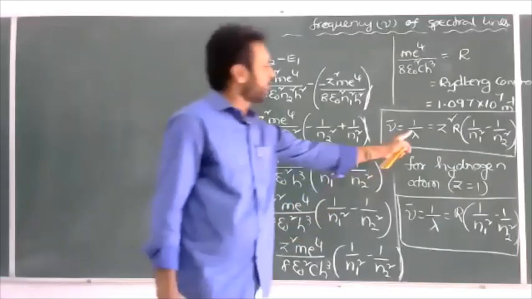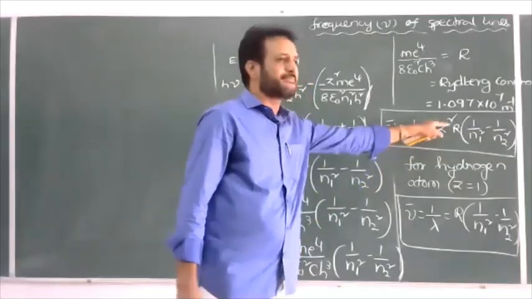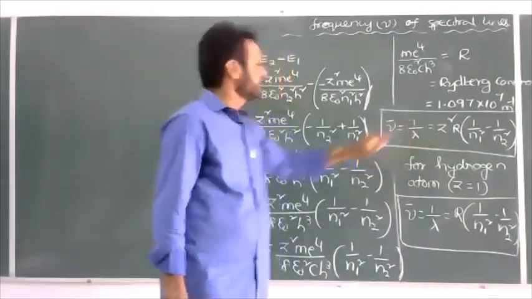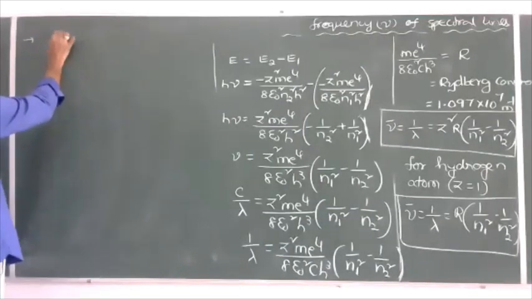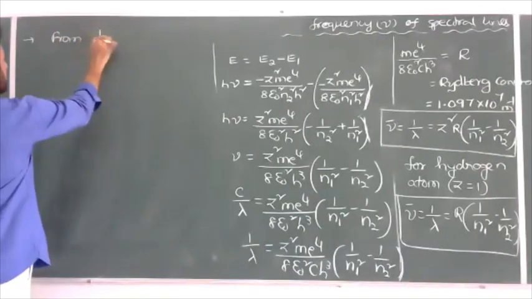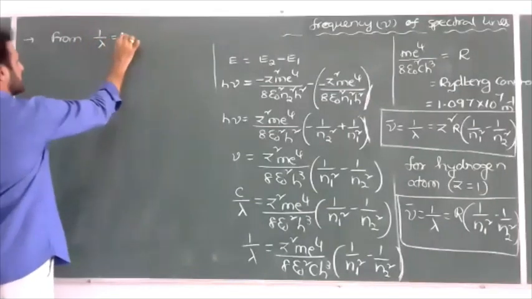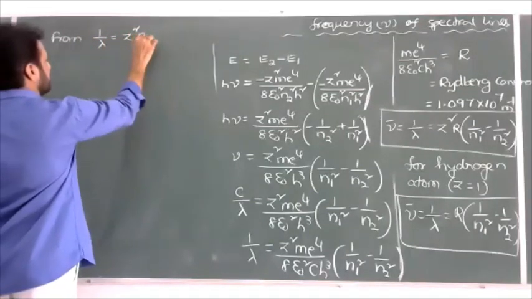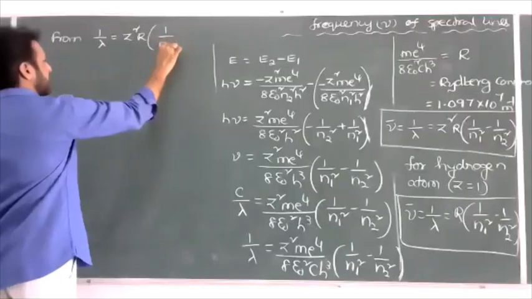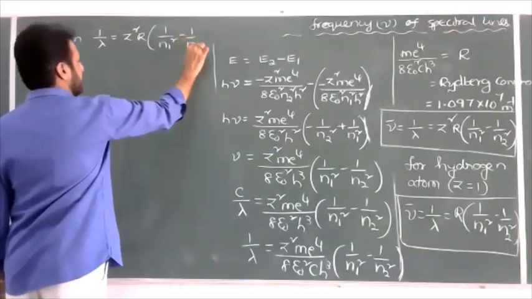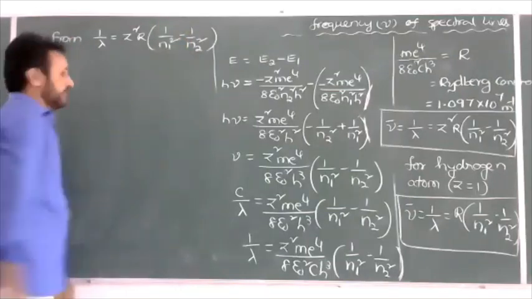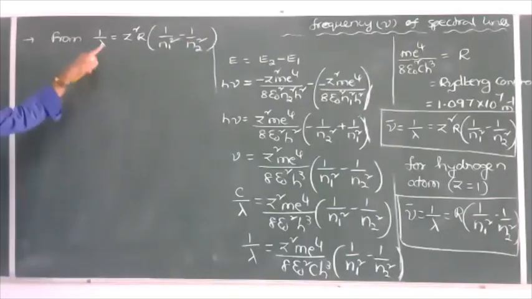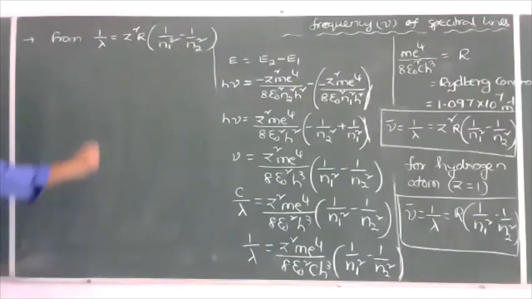So by using this, if you want to write the frequency formula, for example, from the formula 1 by lambda is equal to z square R into 1 by n1 square minus 1 by n2 square, in place of lambda, if you write c by nu, lambda is equal to c by nu.